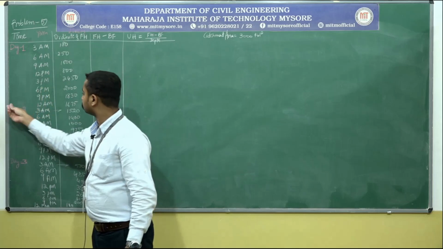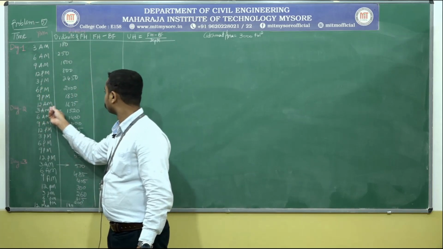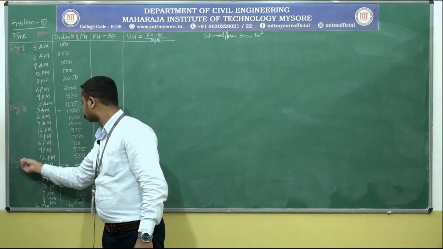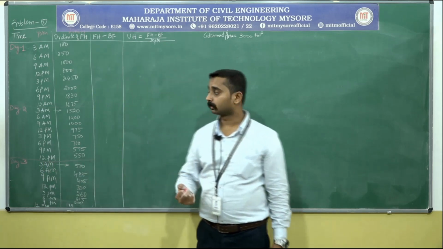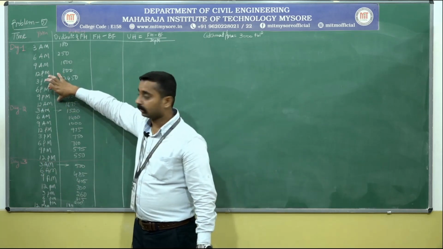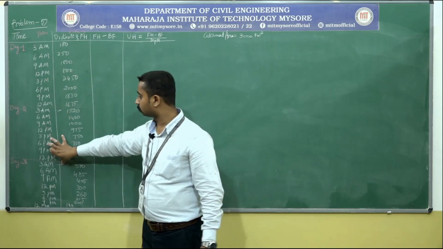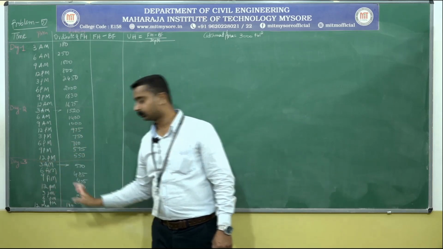Day 1, so these are the data of day 1, and these are the data of day 2. Day 1 data with corresponding ordinates of flood hydrograph, day 2 corresponding ordinates, similarly for day 3.